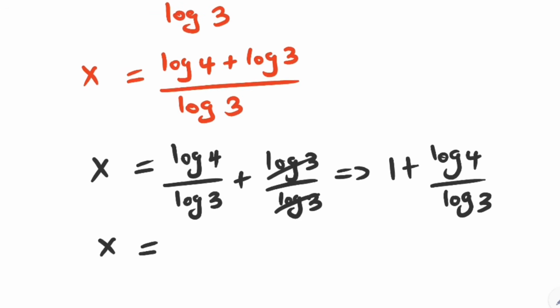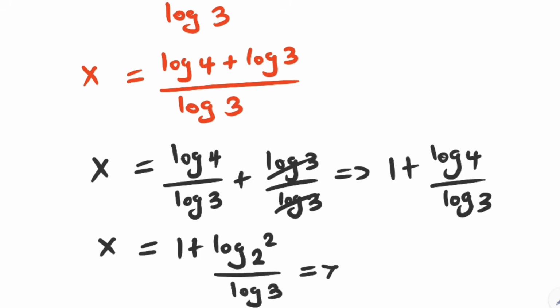x is equal to 1 plus log 4, which can be written as log 2 square, over log 3. And this is the same thing as 1 plus 2 log 2 over log 3.